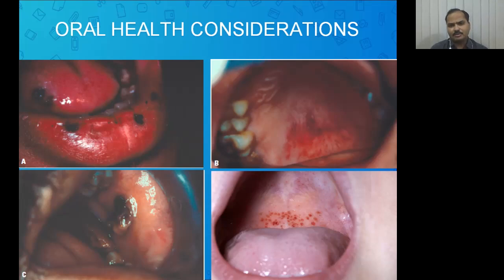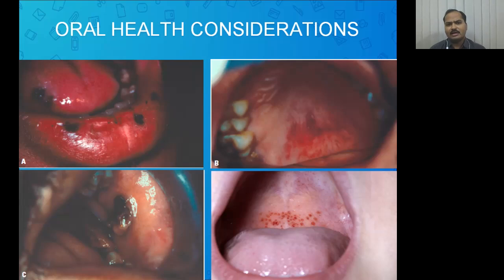If we are able to see any area of erythema, any area of spontaneous bleeding, or any bluish, reddish, or slightly blackish pigmented area, which according to the history of the patient will be present for some time, the patient will come to know that there is a certain abnormal area in the oral mucosa, which the patient will tell us if we inquire about it in the history part.